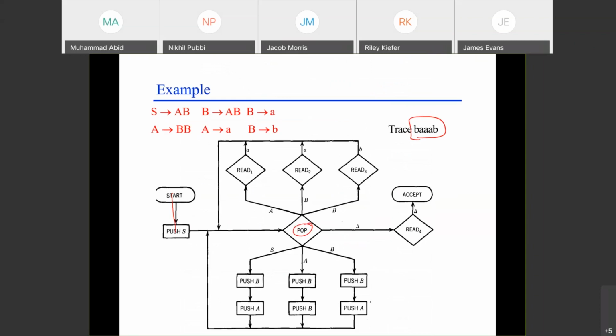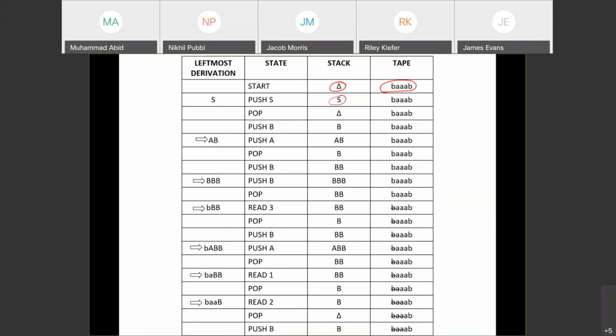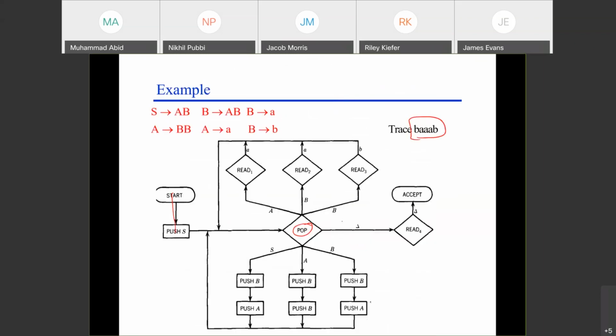You will get S. When you pop from the stack, the stack will remain empty and S will come out. And now you see this machine is non-deterministic. You have B here, you have B here, you have B here. So this is hard. It will require human wisdom to decide at what stage you need to move your circuit from this side to the other side.